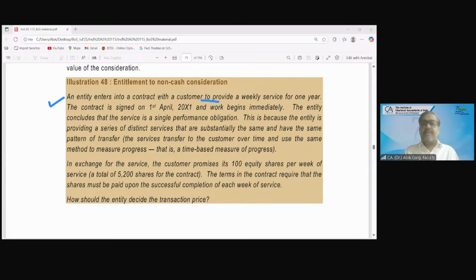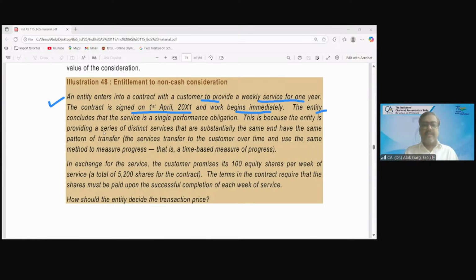An entity enters into a contract with a customer to provide a weekly service for 1 year. So, what is the contract? This company will provide a weekly service for 1 year. The contract is signed on 1st April and work begins immediately.